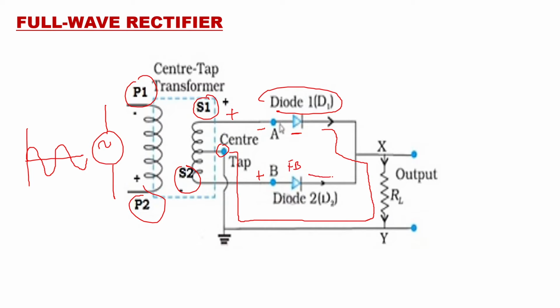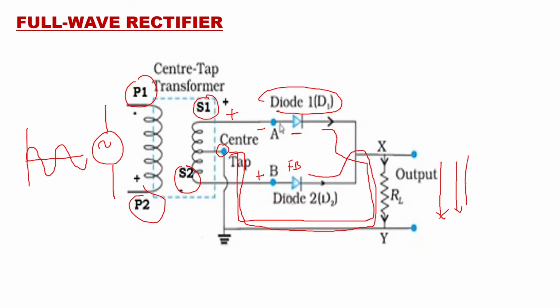In that case, current will flow like this and come back to the center tap. So in the first case, when the input is positive half cycle, diode D1 is forward biased, D2 is reverse biased, and the current through the resistor is from top to bottom, from point X to point Y. And when the input is negative half cycle, diode D1 is reverse biased, diode D2 is forward biased, and in that case also current flows from top to bottom at the output.